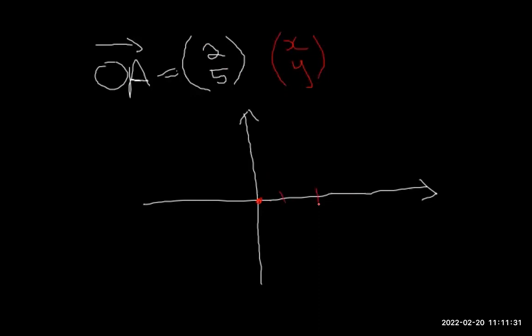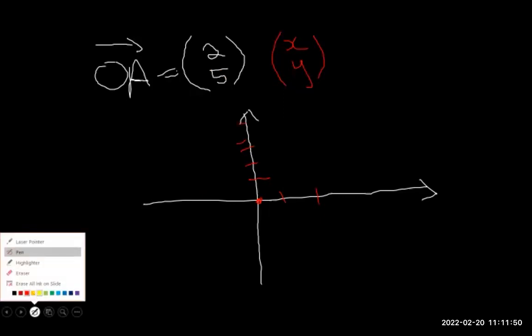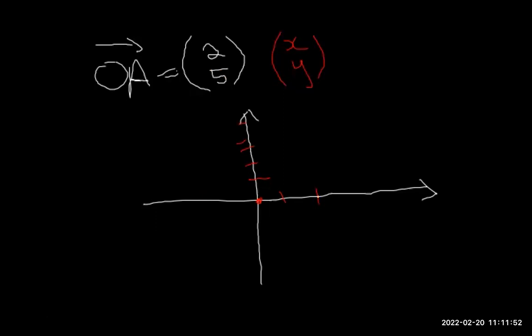So 1, 2 spaces to the right, and then the bottom number, which tells me about the movement along the y-axis, is a positive number, right? So that means 5 spaces up. 1, 2, 3, 4, 5. So I'm going 2 spaces to the right, and then from this point, I'm going 5 spaces up. So this right here is my point A.